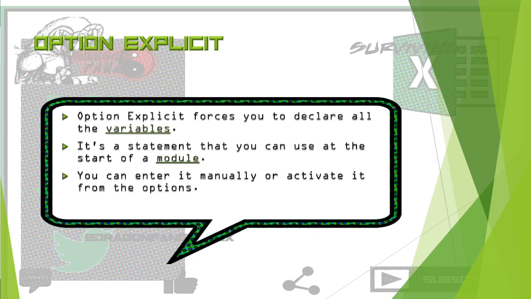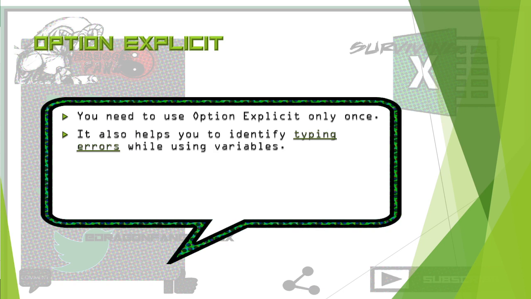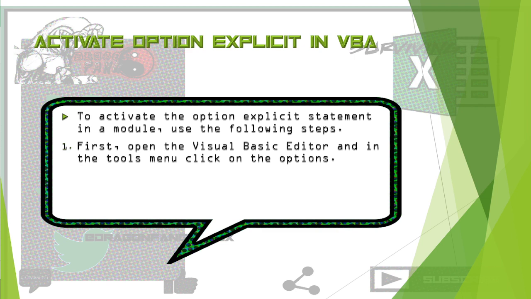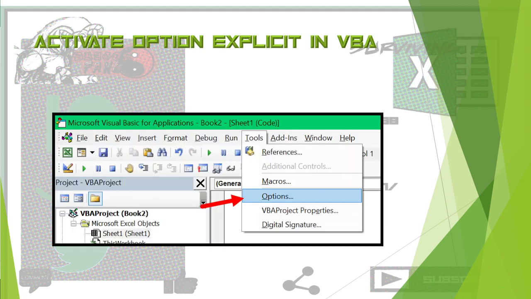Okay, so it can be activated manually or automatically, and we're going to talk about that. Like I said, you only need it once, and it's a great way of figuring out if you have any typing errors, especially with variables. So how do you activate it automatically? Well, on your Visual Basic editor, you go into Options, as displayed here.